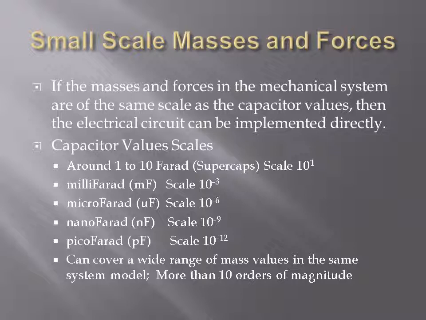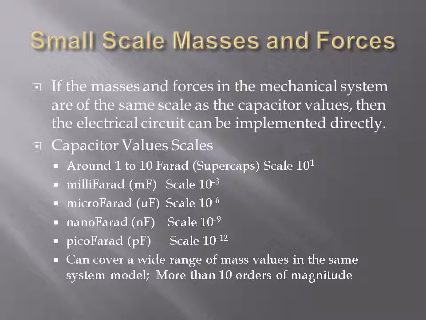If we happen to be dealing with small-scale masses and forces in the mechanical system, and these are of the same scale as the capacitor values that we have available in the market, then the electrical circuit can be implemented directly from our mechanical model.